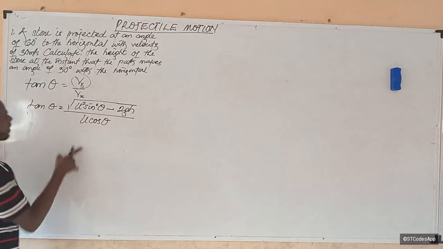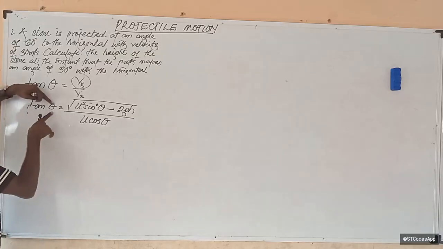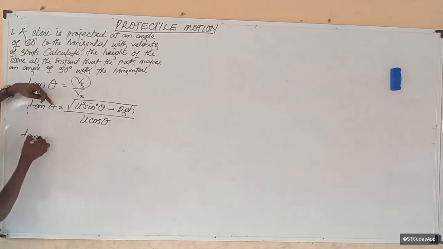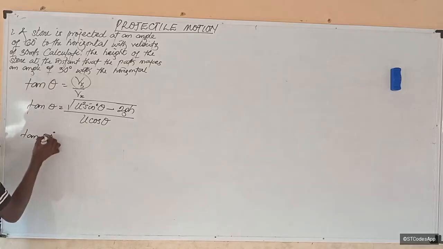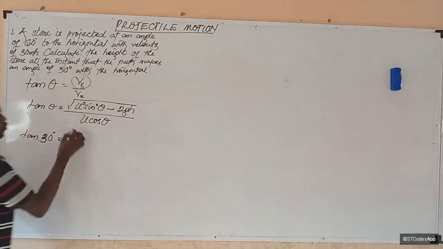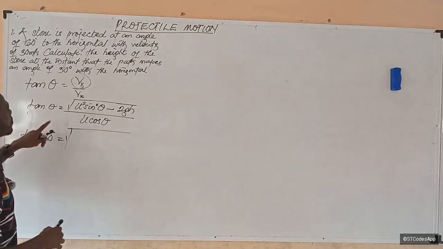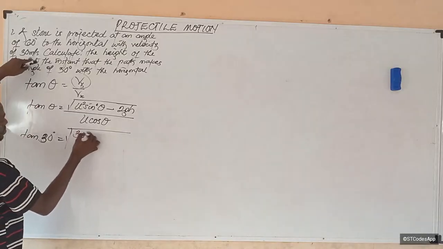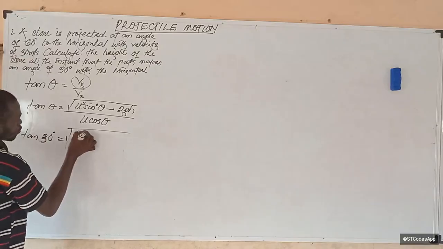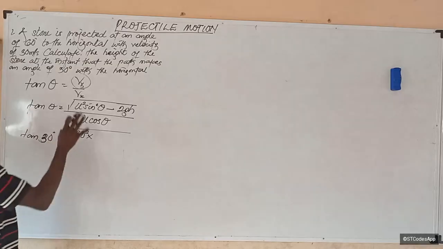Now, tan theta. What's this angle theta? It is our angle, the new angle that it makes, right? That's 30 degrees, okay? So equal to the square root of u squared. Now, what is u? 30 meters per second. So squared, okay, maybe it's this calculation that got us wrong.